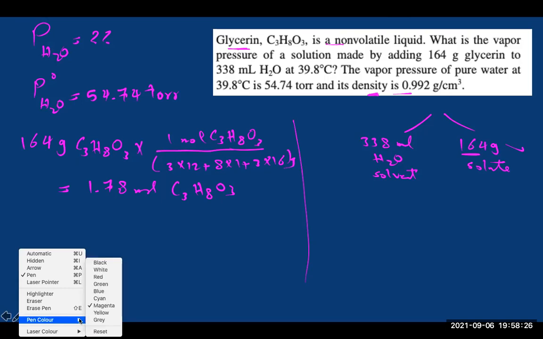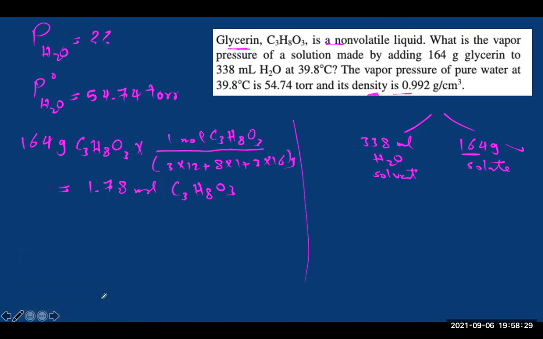Now we need to calculate the number of moles of H2O. We don't have the mass of H2O, so first we need to get the mass. We have the volume and we have the density. We know that density is equal to mass over volume, so mass of H2O will be density times volume.